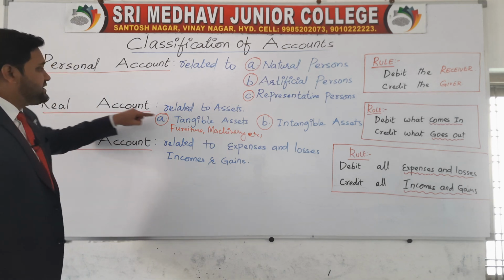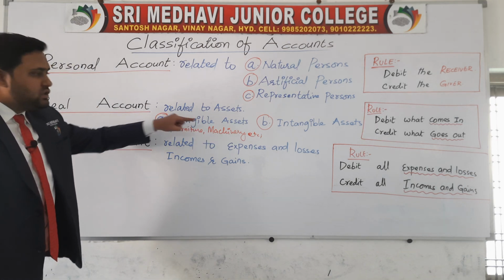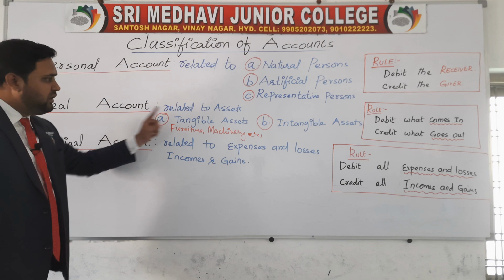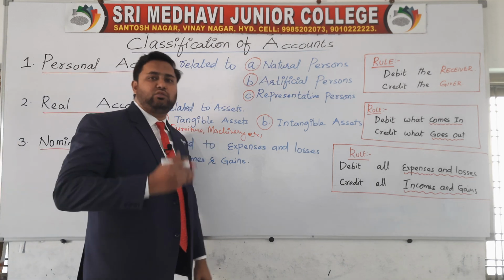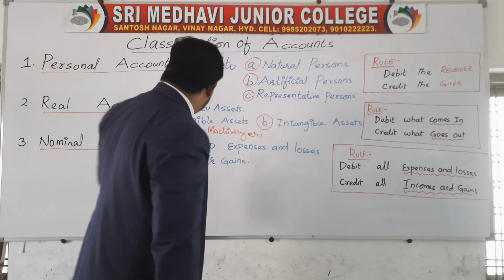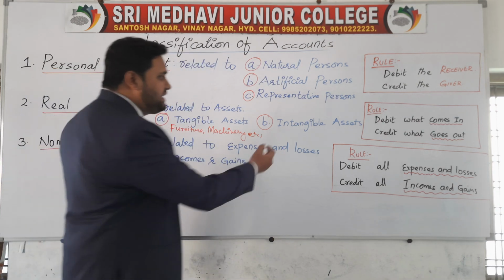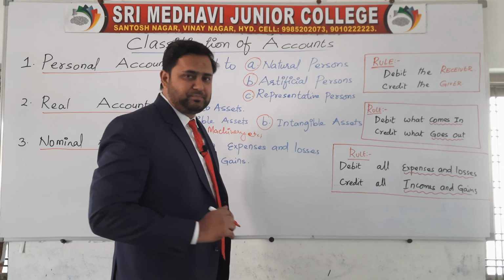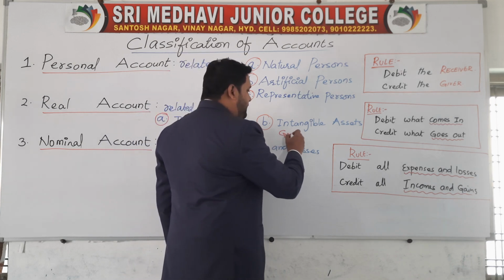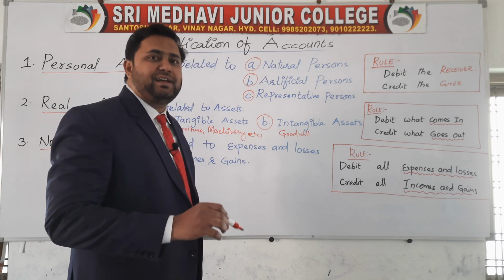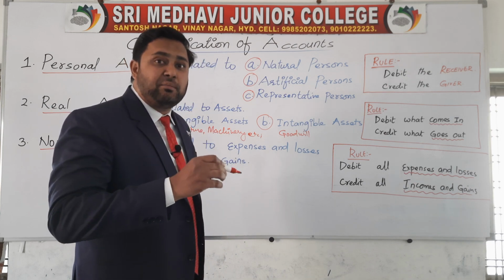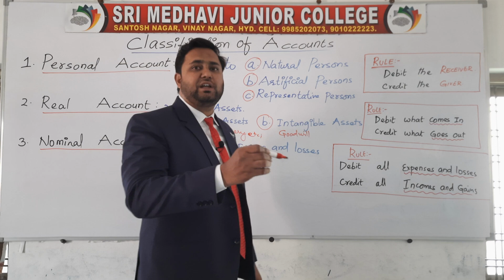So real account is related to assets. Furniture account is a real account, machinery account is a real account, cash account is a real account, building account is a real account. Intangible assets are those you can't see, like goodwill. Goodwill is nothing but the value, the name and fame of a particular business.